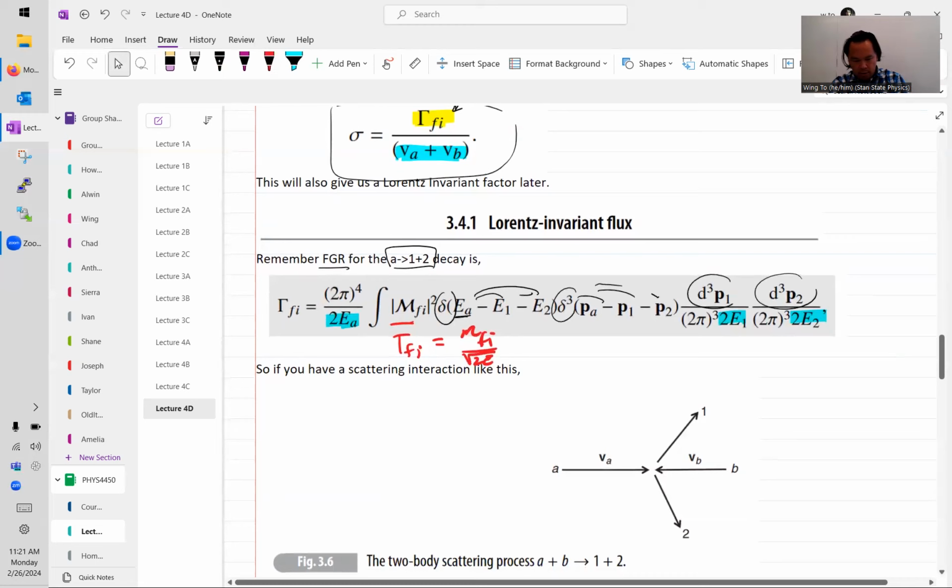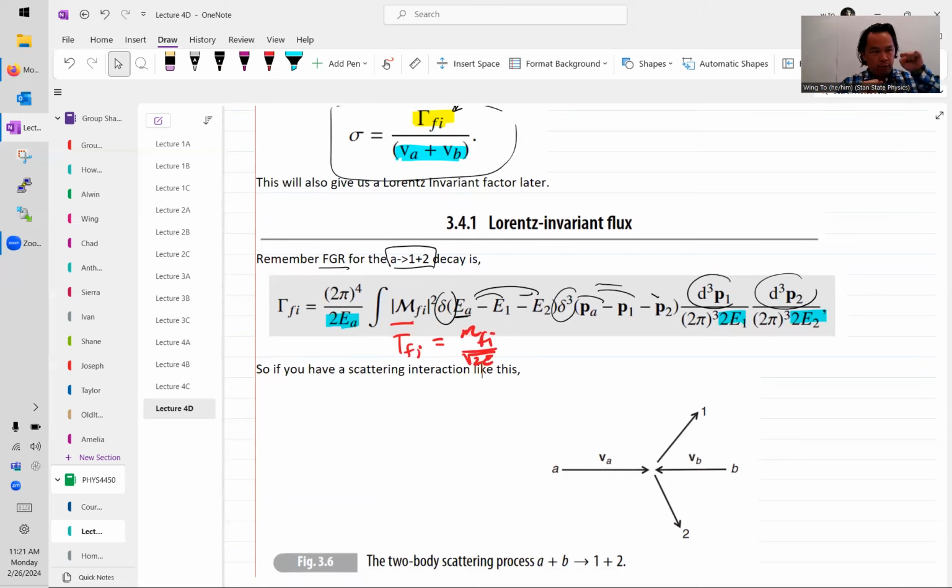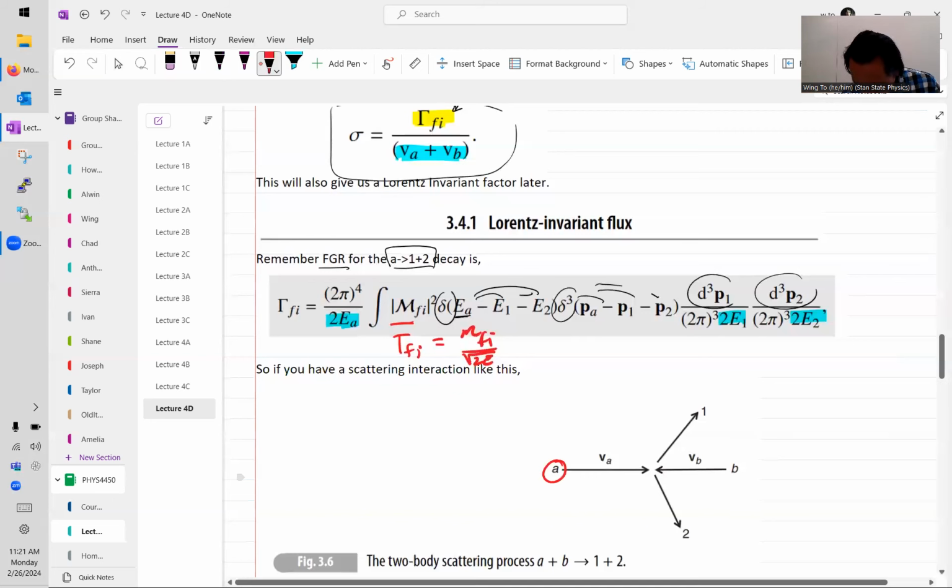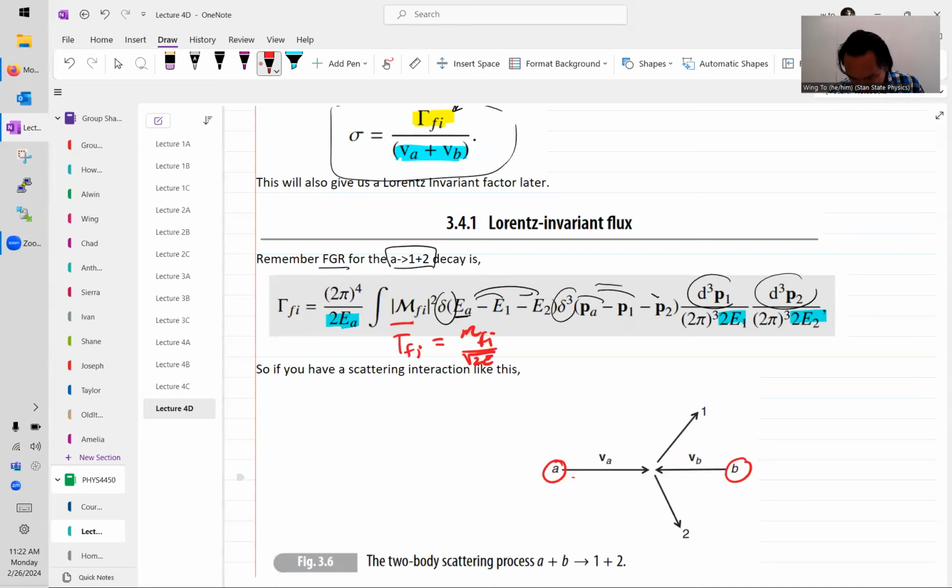All right, so in this case, instead of a particle decaying from A to 1 and 2, now we have 4 things to keep track of. We have particle A coming in, particle B coming in, they smash into each other, and then a new particle 1 and particle 2 come out of it, not necessarily with the same mass, they could have a different mass and a different momentum between the incoming and outgoing.